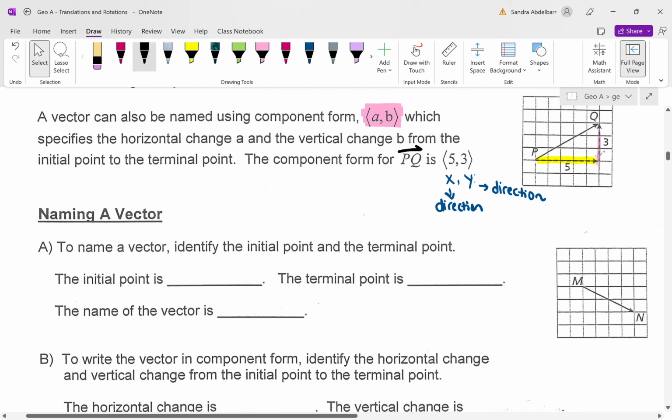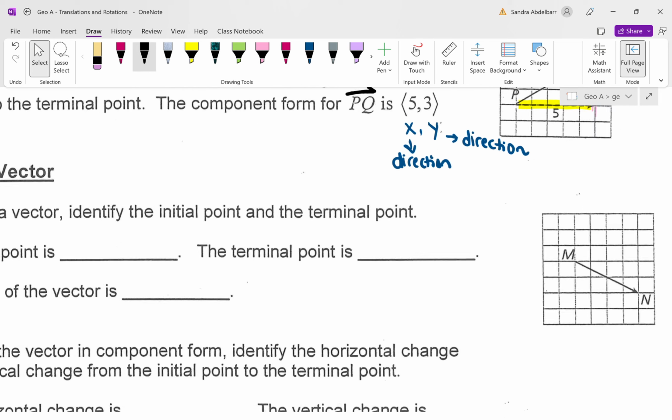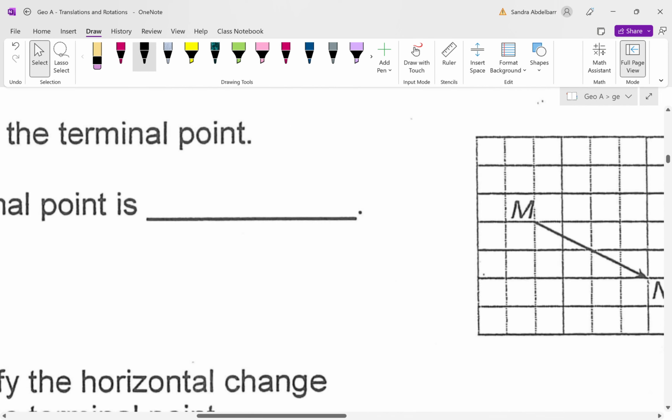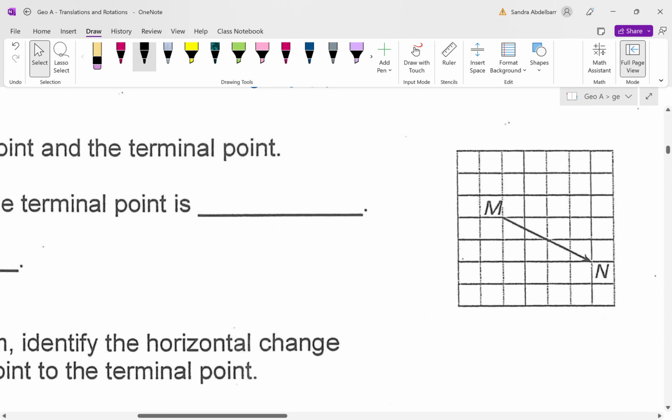Okay, so let's look at the diagram to the right. To name a vector, we're going to identify the initial point and then the terminal point. So looking at this, how do I know which one is the terminating point versus the initial point? Any ideas? Any guesses? Connor? The initial point is M and the terminal point is N. You got it.